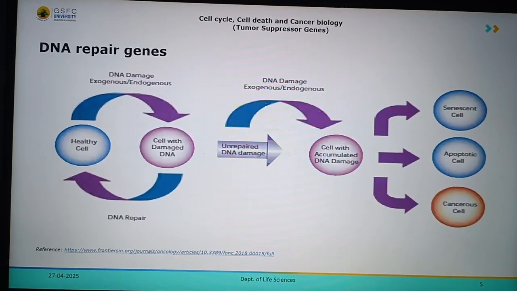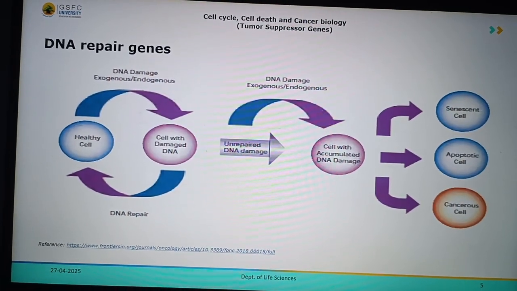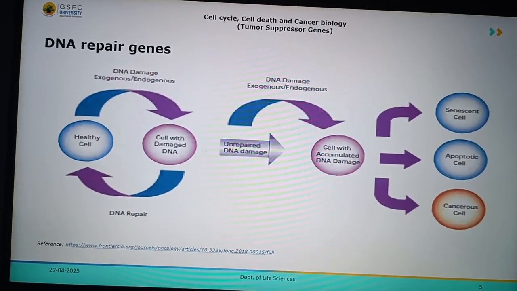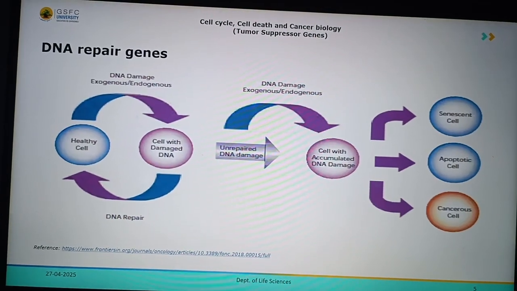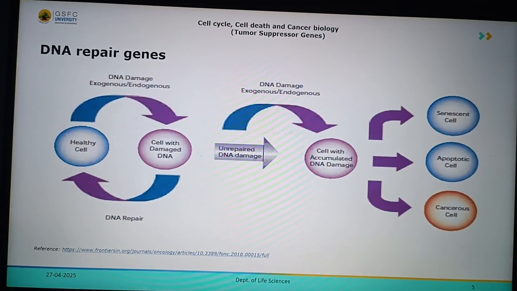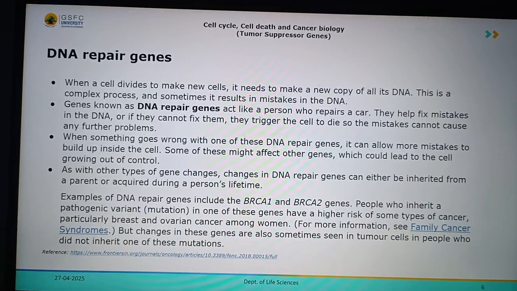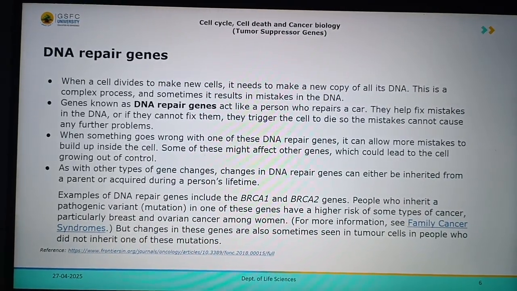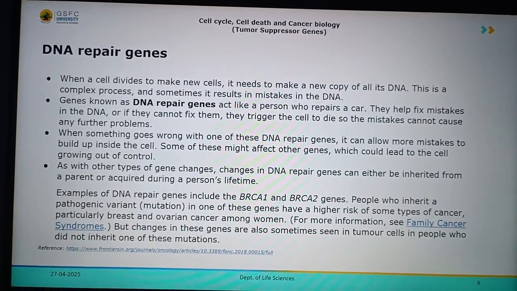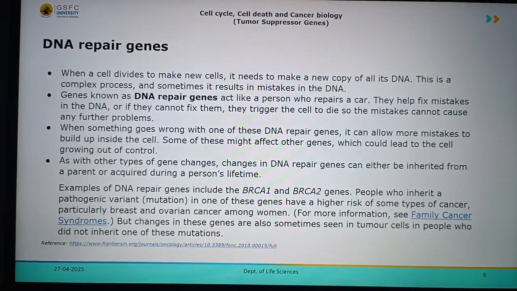Now, DNA repair genes. DNA repair genes help fix DNA damage. When a cell divides to make new cells, it needs to make a new copy of all its DNA.